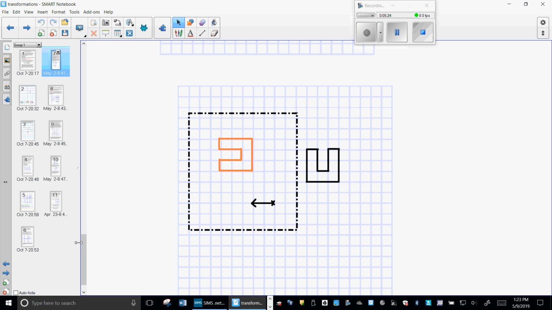That tells me I know I've gone 90 degrees. Do you understand what I mean now and why we have the arrow? So originally it was pointing up. Now my arrow is pointing left, so I know it's gone 90 degrees anti-clockwise. And my diagram that I drew on there is sitting here.